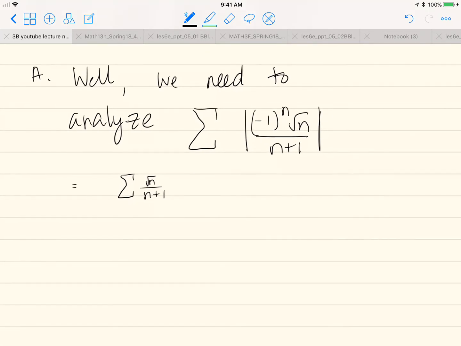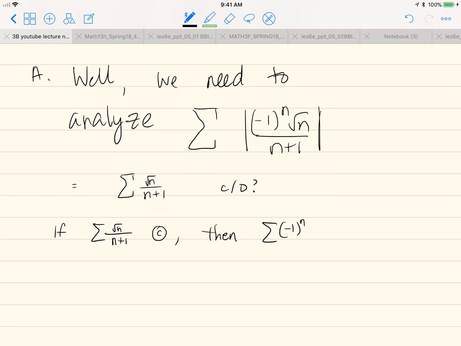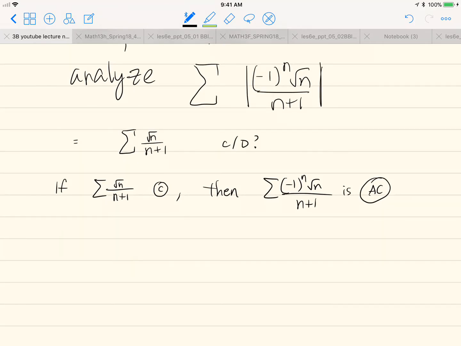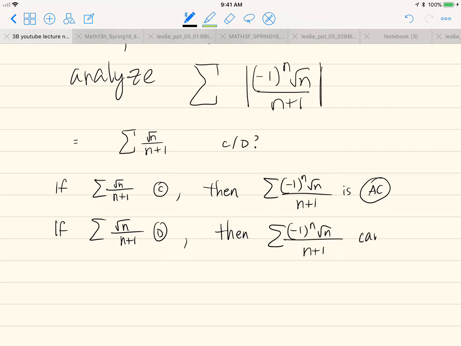Okay. Now, does this series converge or diverge? Right? If this series, square root of n over n plus 1, converges, then our original series is absolutely convergent. Right? And if this series diverges, then our original series can't be absolutely convergent.